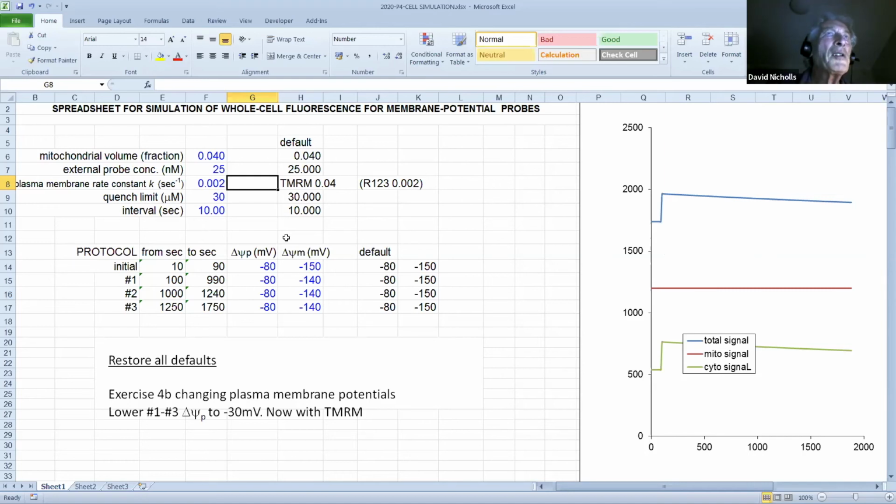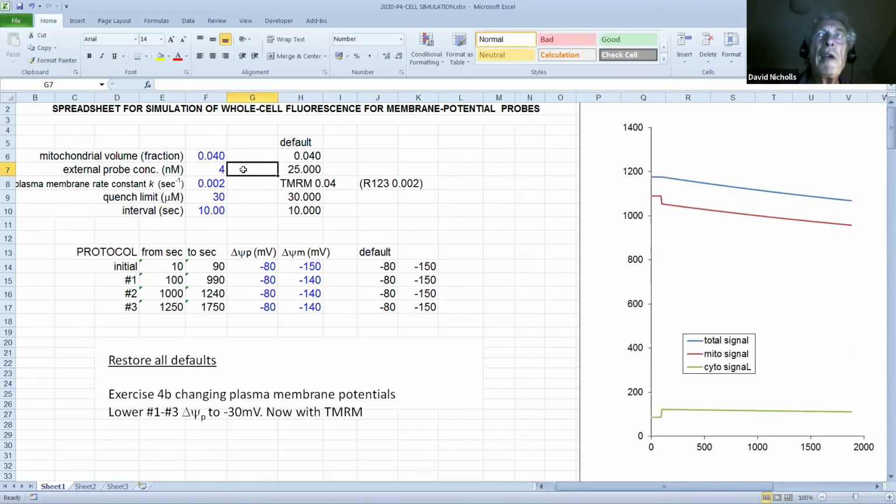Now, if we went into non-quench mode with rhodamine 123, we'd see essentially nothing. We'd have to wait for hours and hours, and we wouldn't detect any real information about that rapid change in mitochondrial membrane potential. So let's go back to quench mode again.